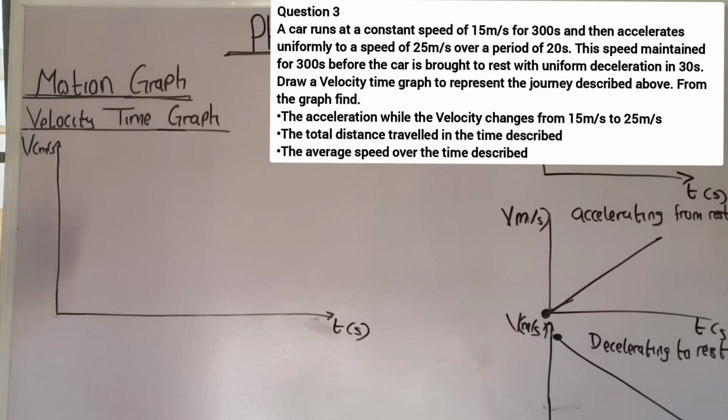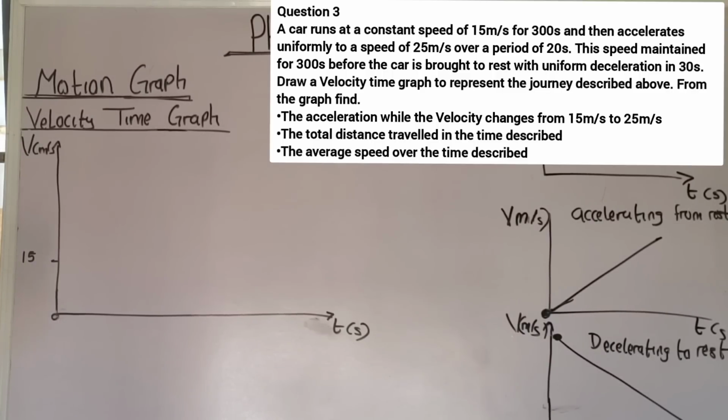Now, the car runs at a constant speed of 15 meters per second for 300 seconds. So here I'm going to have, let's say this is 0, and let's say this is 15. This is the velocity at 15 meters per second. So we have 15 here, and it runs at a constant speed.